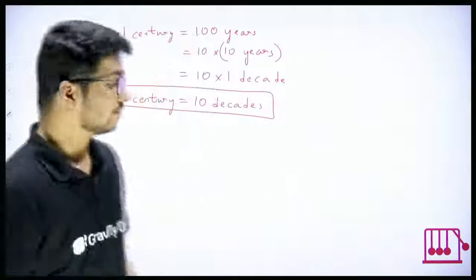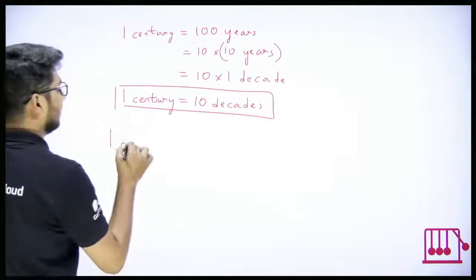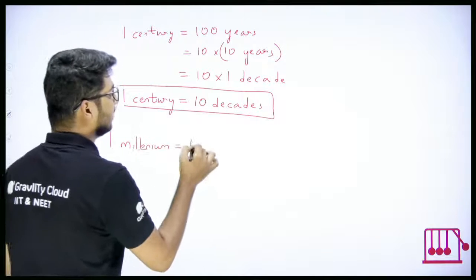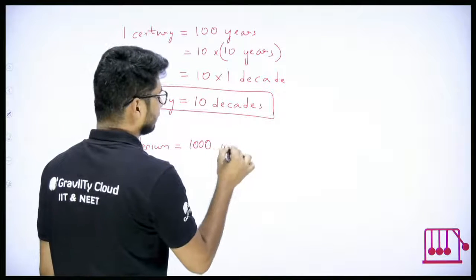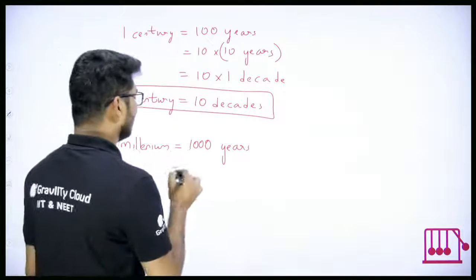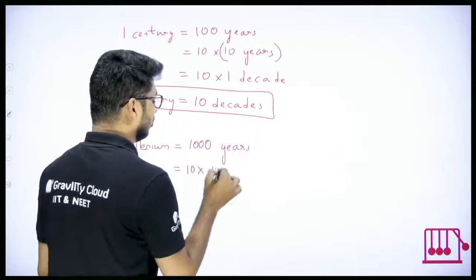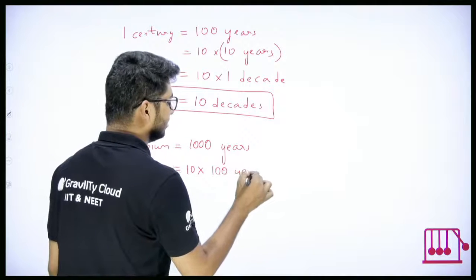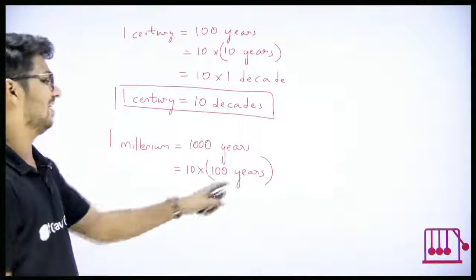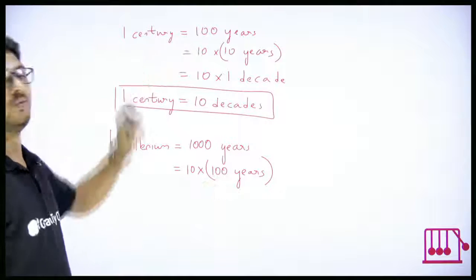Then we are talking about 1 millennium. What is 1 millennium? 1000 years. But 1000 can be written as 10 into 100 years. What is 100 years equal to? 1 century.